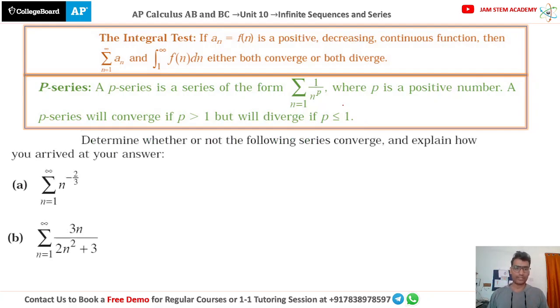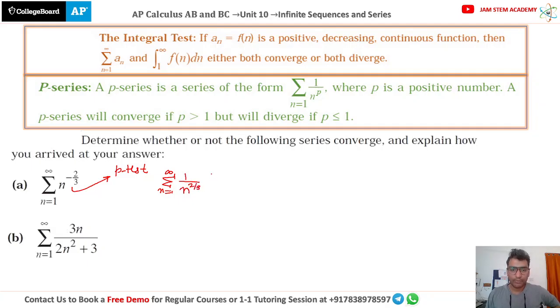Let's look at some questions. What is that? Summation of n equals 1 to infinity, n raised to the power negative 2 by 3. So here you can apply the P test, right? It's simple to apply. You have to first write it as 1 over n^p. So it is nothing but summation n equals 1 to infinity of 1 over n raised to the power 2/3.